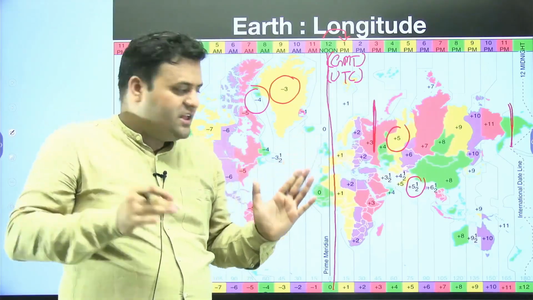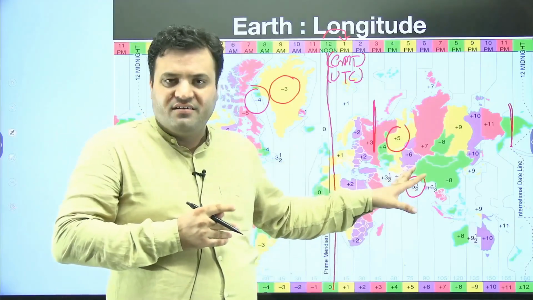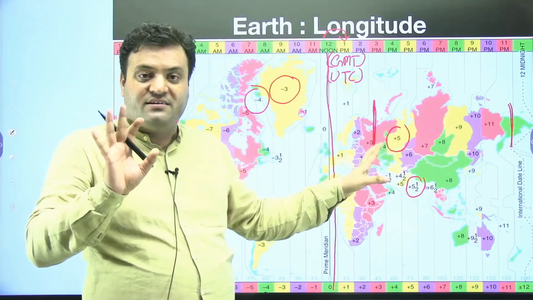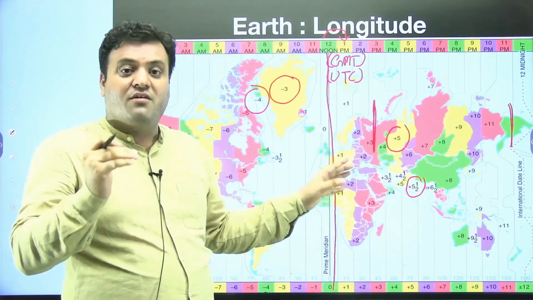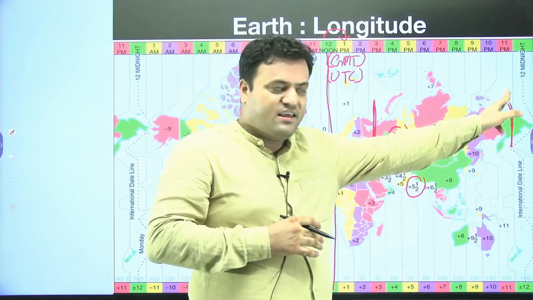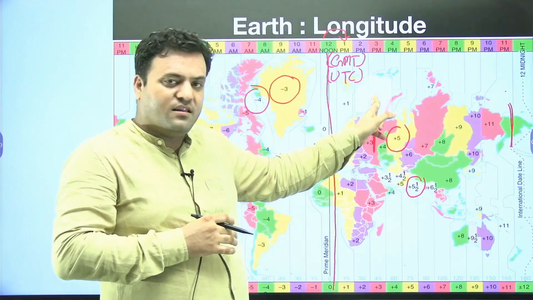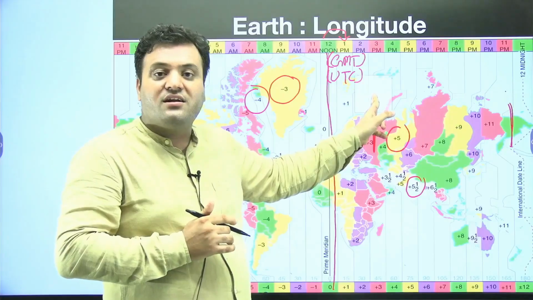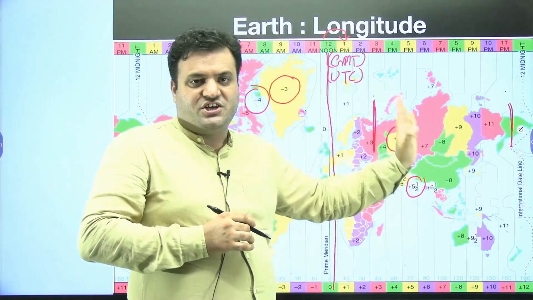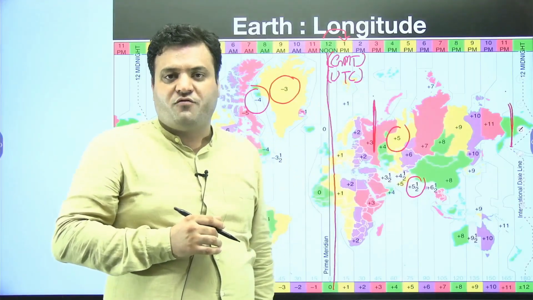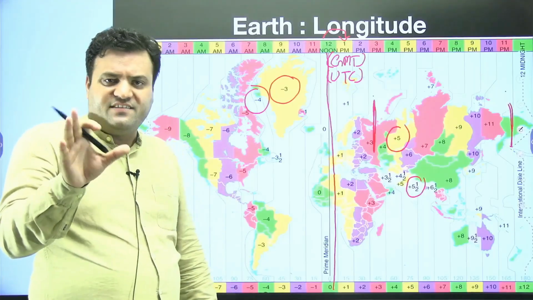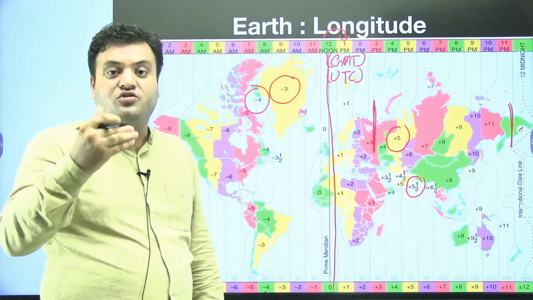We have almost 100 degrees longitude difference, and if you multiply it by 4, you get 400 minutes. That is the variation. If one person is standing here and another person is standing here, there will be a variation of 400 minutes. It's because of the vast east-west expansion of continents or countries. So when we have this kind of expansion, there will be a huge time difference.